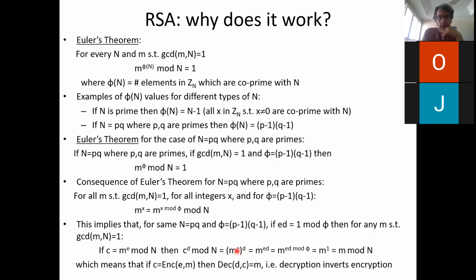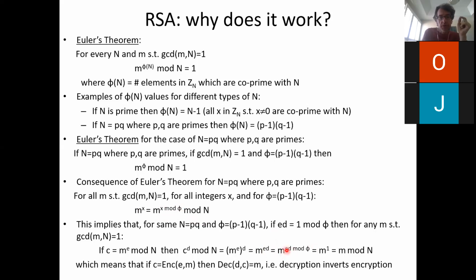So the decryption is really m to the e to the d. That's the same as m to the e and d multiplied. But by Euler's theorem, if I'm exponentiating to something, my x is e times d, whatever integer that is, I can reduce this integer mod phi, and I'm going to have the same answer. So I can replace m to the ed with m to the ed mod phi.